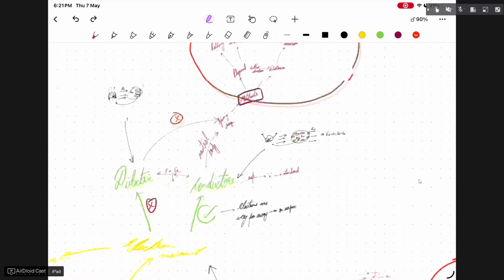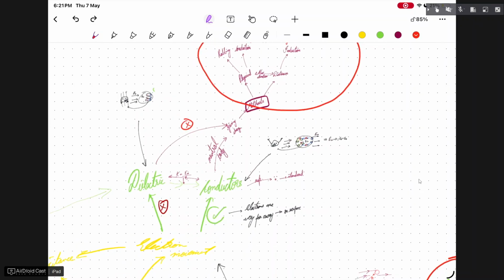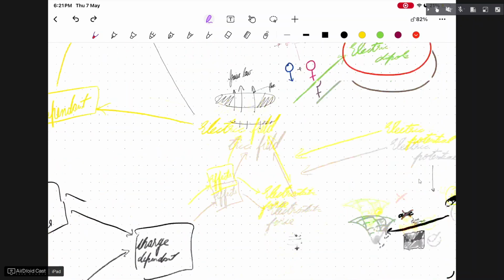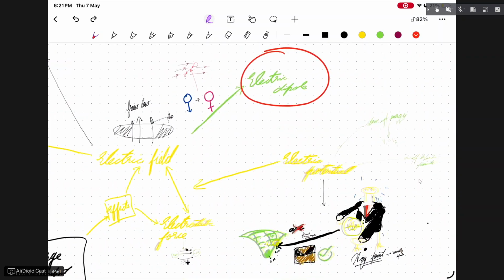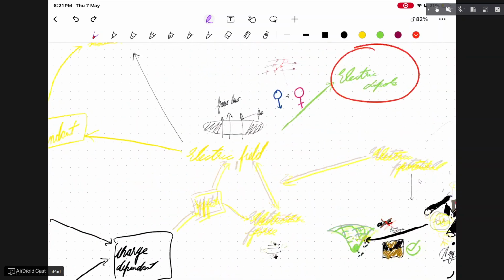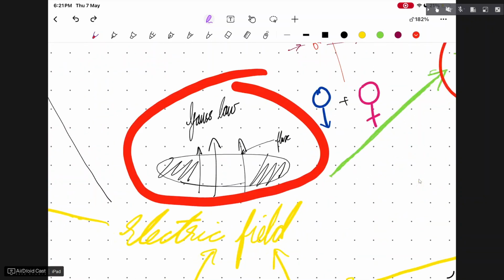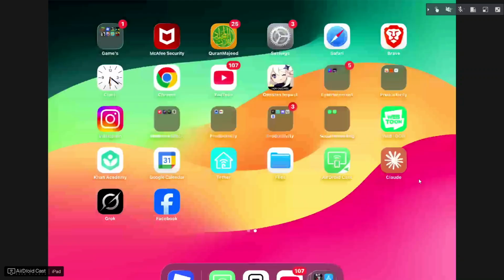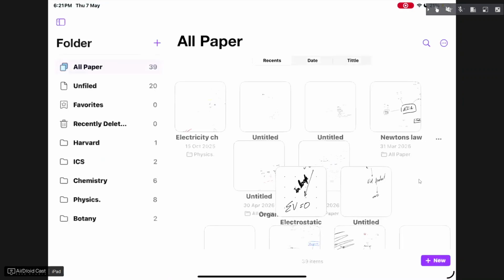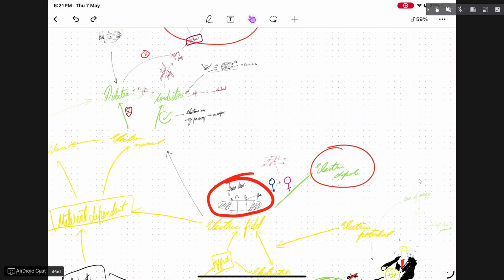Oh, Gauss's law. I totally forgot about it. Okay, I'll explain this quickly.